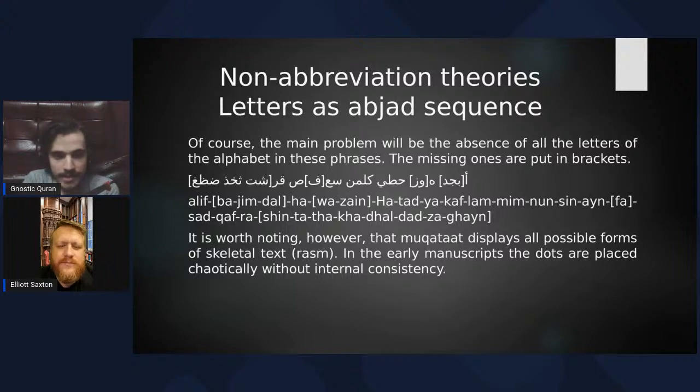The critique of this would be, of course, that some letters are simply absent, which is sequential. For example, ba, the second letter of the Arabic alphabet, is not present in the sequences. But it's worth noting that the Muqatta'at combinations display all possible forms of the skeletal text, the so-called rasm, and in early manuscripts the dots are placed chaotically without any internal consistency.